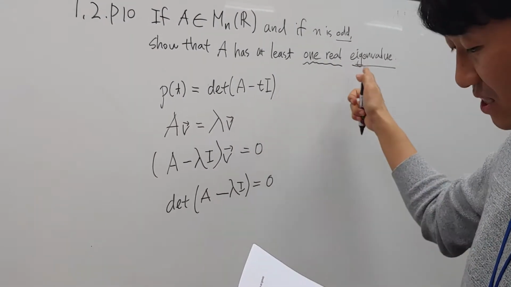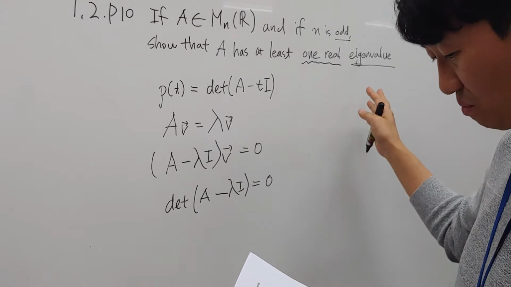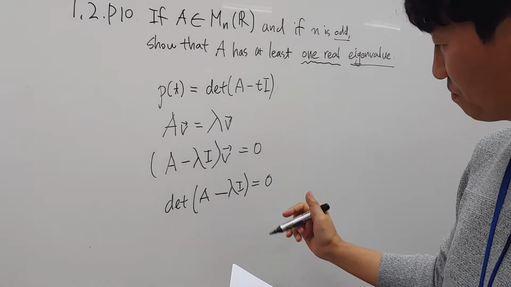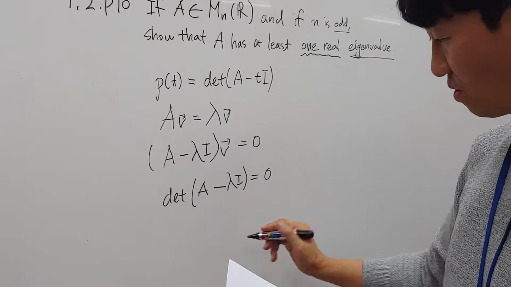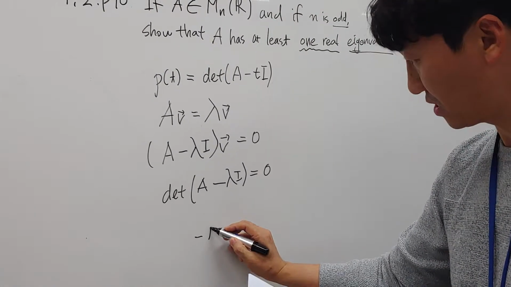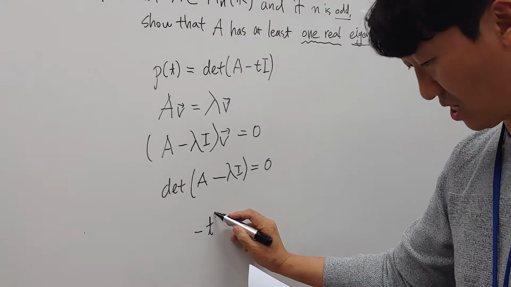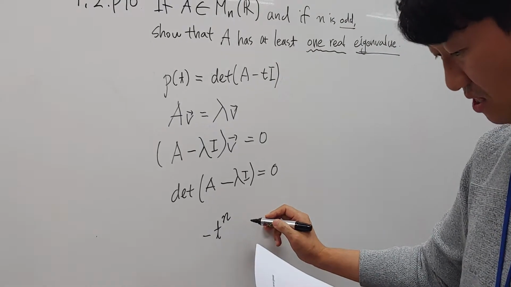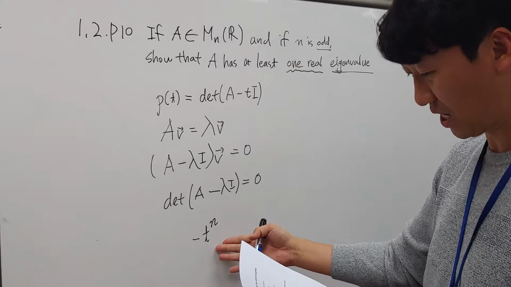In this problem, n is an odd number. So the leading term is minus t to the n, according to the matrix characteristic.